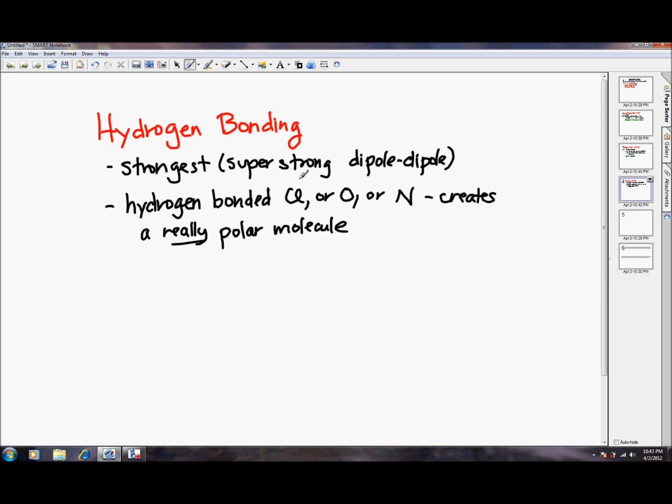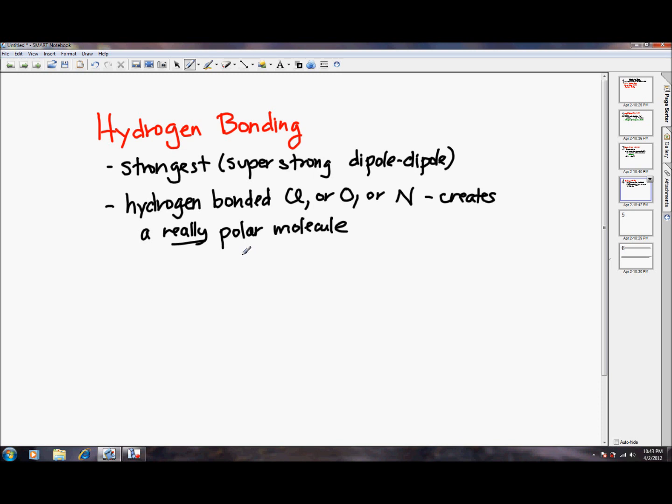So if you have a polar molecule, you look at it very carefully. And remember, the rules for polar molecules are, if there is a lone pair on the central atom, it is a polar molecule. Or if the molecule is asymmetrical, which means it's a little lopsided on one side or another, has two different looking sides, it is also a polar molecule.